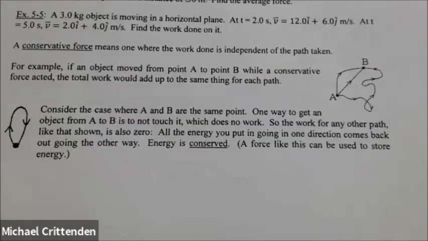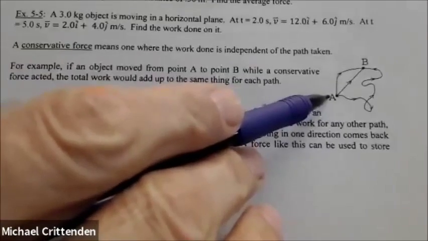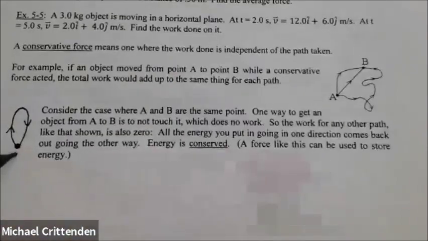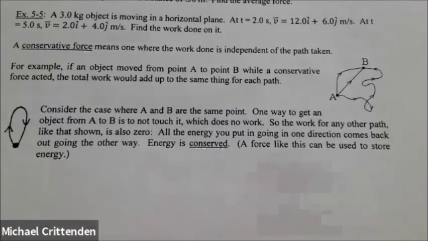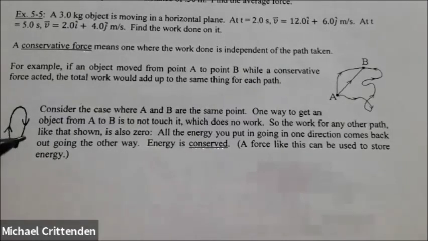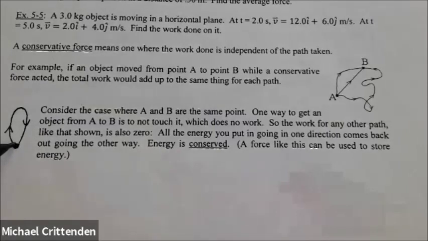Now, let's apply that to the special case where A and B are the same point, drawn down here in the corner. If A and B are the same point, one way of getting an object from A to B is to not touch it, because it's already there.